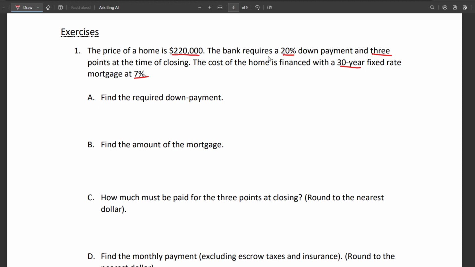Our down payment is 20%. That 20% comes from the value of the house. So we're going to take 20% of that 220,000.